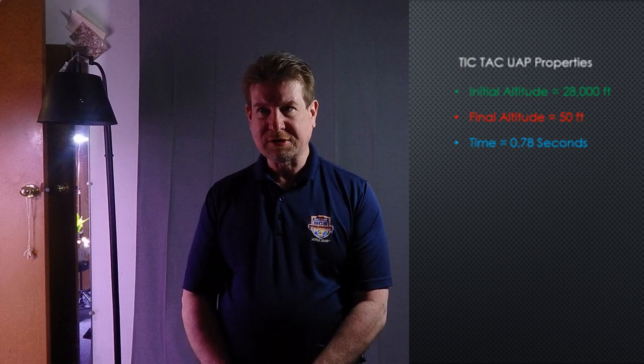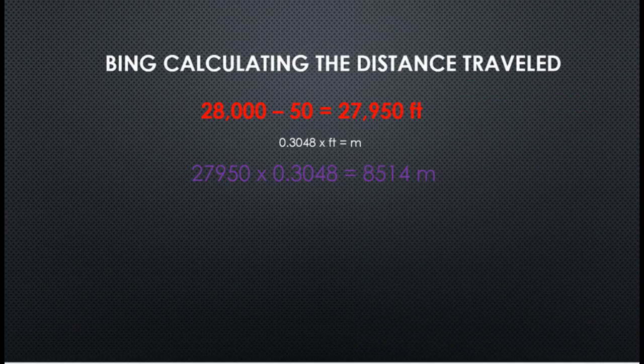What is the g-forces of that maneuver? Since we're considering the object's descent from 28,000 feet to 50 feet, we'll assume it started from rest and reached its final velocity at 50 feet.